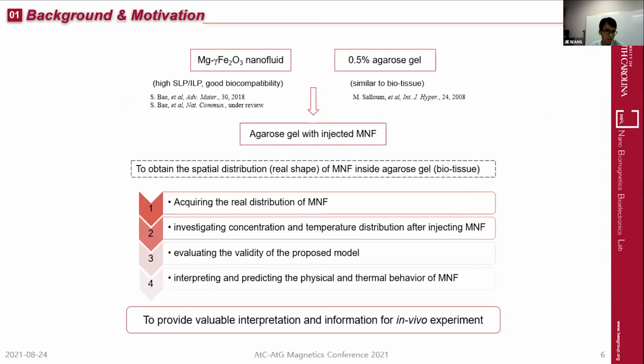In this research work, we synthesized magnesium doped gamma phase iron oxide magnetic nanofluids and fabricated agarose gel. This magnetic nanofluid shows high SLP or ILP and good biocompatibility, and the agarose gel is very similar to biotissue or human tissue. After injecting the magnetic nanofluid into the agarose gel, we can obtain the spatial distribution, or the real shape, of the magnetic nanofluids inside the agarose gel.